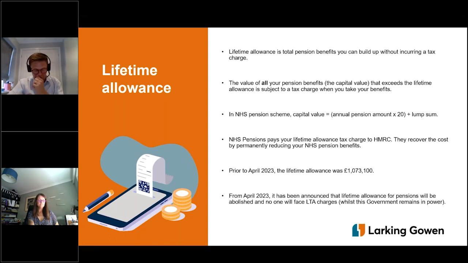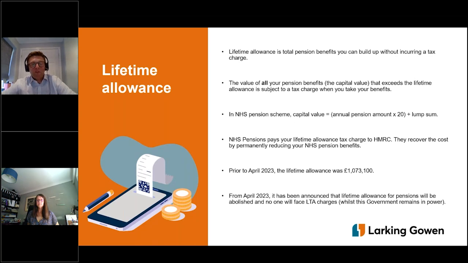Just to give you some context of the previous lifetime allowance and what that would mean in terms of the pension that you could accumulate. Prior to April 2023, the lifetime allowance was £1,073,100.